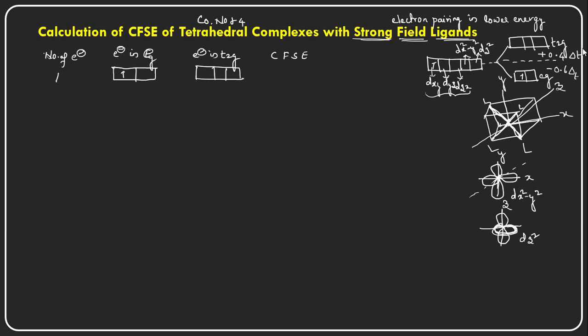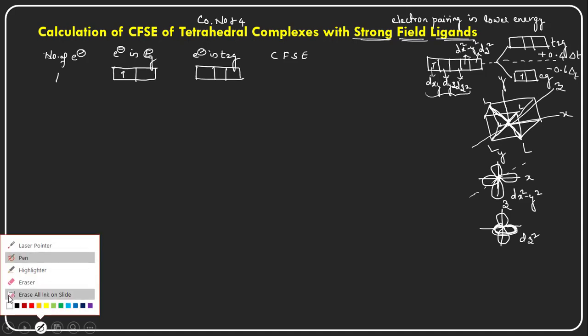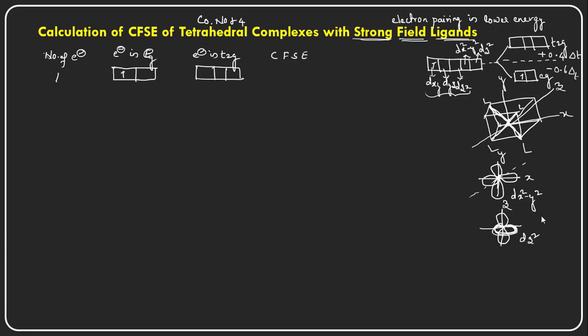In that, the T2g orbitals have lesser energy than the Eg orbitals, and T2g orbitals have minus 0.4 delta naught and Eg orbitals plus 0.6. But here it is completely reverse. So this is having minus 0.6. So only one electron is there, and it has minus 0.6, just like the octahedral complexes we have seen.